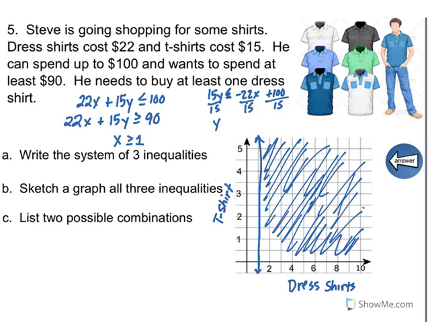So I get y is less than or equal to about negative 1.5x plus 6.6. So I can't necessarily graph 6.6 on here. It'd be somewhere up here. But if I go down 1, that would be about 5.